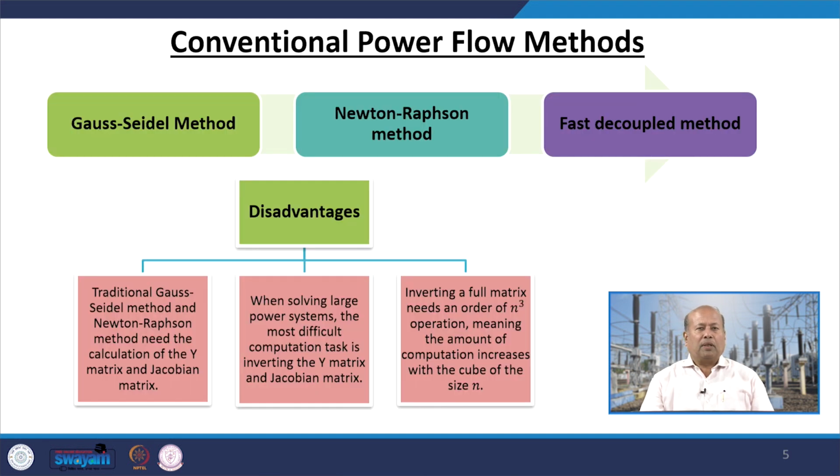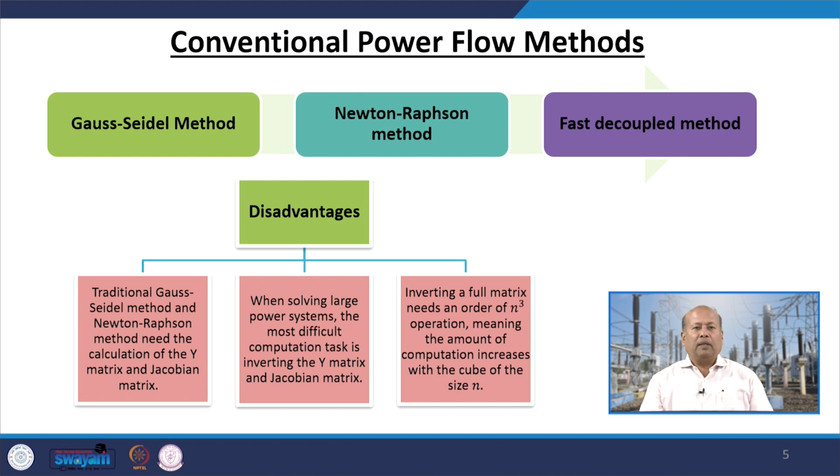Now when you talk about conventional power flow methods, there are a variety of load flow analysis algorithms, popularly known as Gauss-Seidel, Newton-Raphson, and fast decoupled methods, which are commonly used for transmission systems. However, there are a few challenges. The traditional Gauss-Seidel and Newton-Raphson methods need the calculation of the Y-bus matrix as well as the Jacobian matrix.